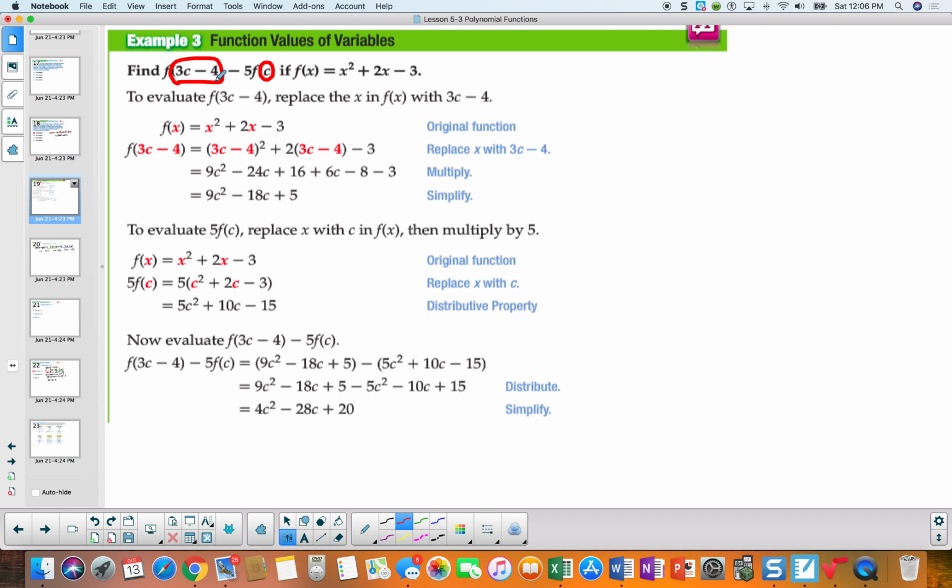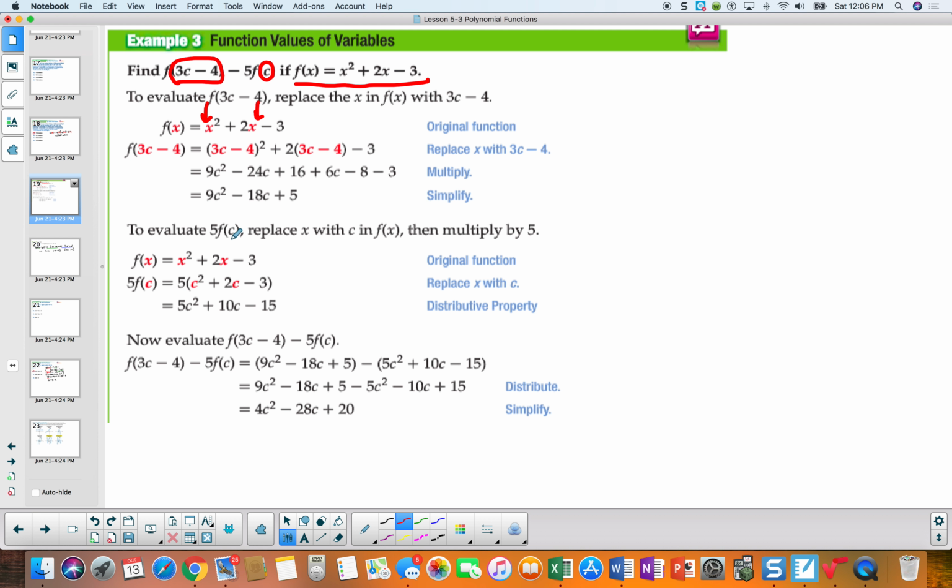So right here is what we want to substitute into this function. So wherever there's an x, and there's an x here and here, we're going to replace it with 3c minus 4, 3c minus 4. And when we get that, we're going to multiply it out and we're going to simplify. So this portion represents this part right here.